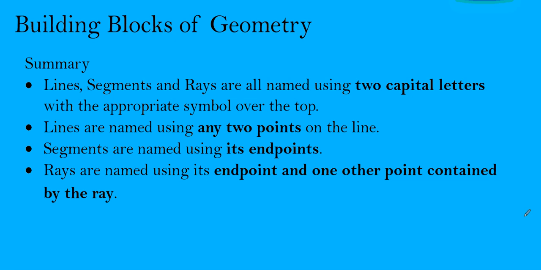Segments are named using endpoints with just a line over the top. And then rays are named using its endpoint and one other point contained by the ray. So if the ray is going to the right, use a point that's to the right of the endpoint. If it's going to the left, use a point that's to the left of the endpoint, and you'll be just fine. All of them are 2 letters only, though.